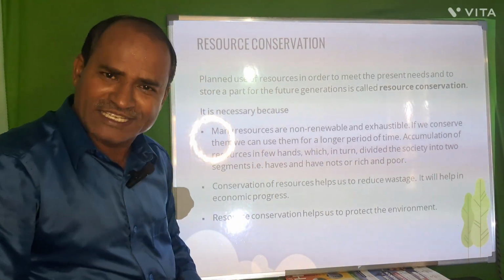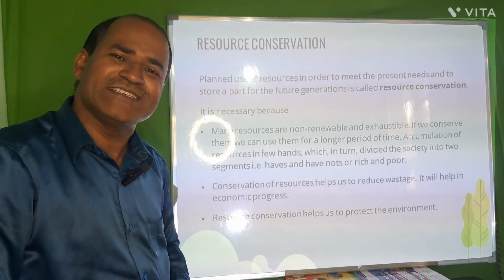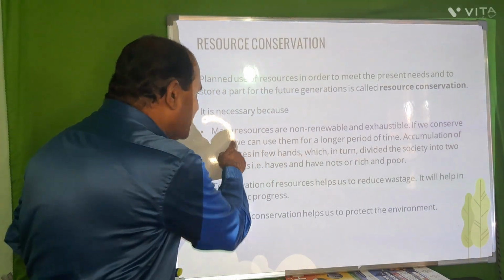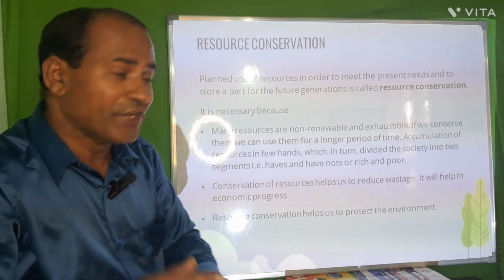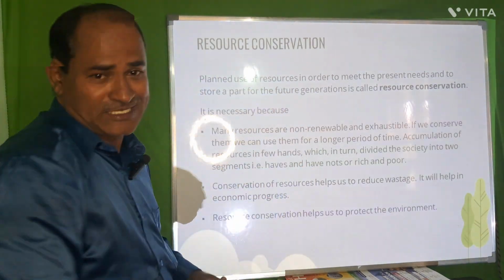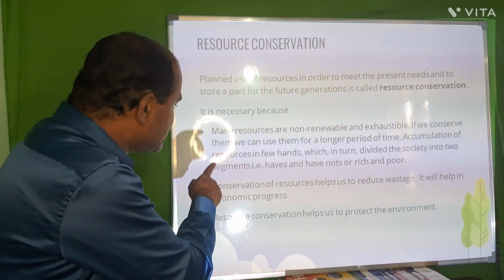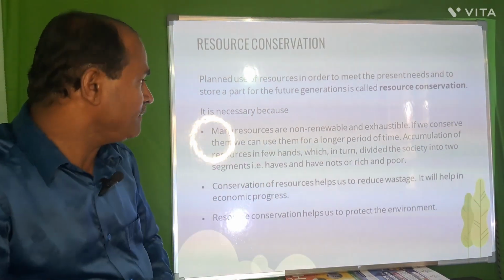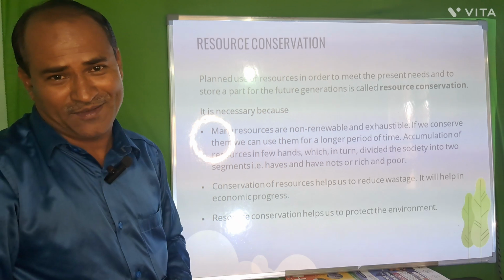It is very, very necessary. Why is it very necessary? Because many resources are non-renewable, they are exhaustible. If we conserve them, we can use them for a longer period of time.